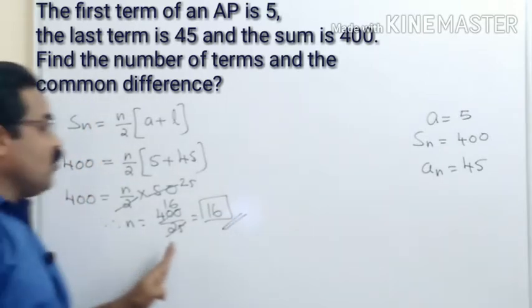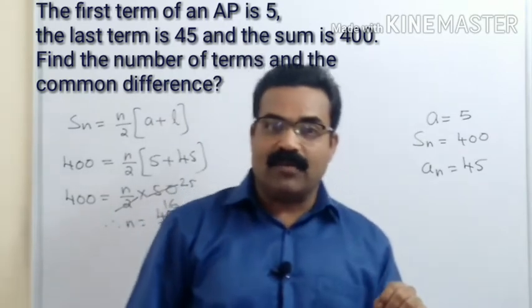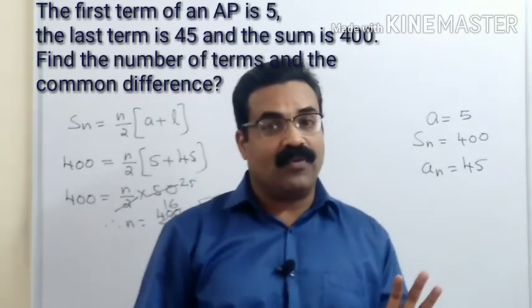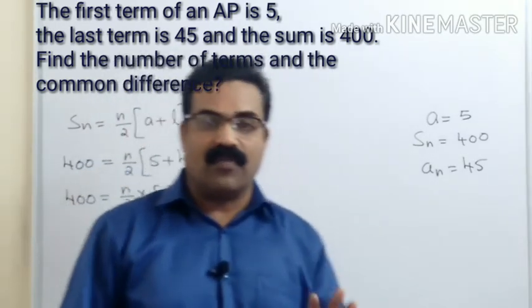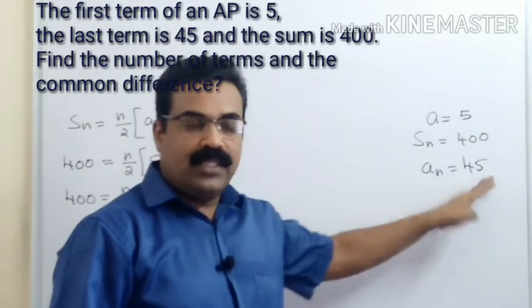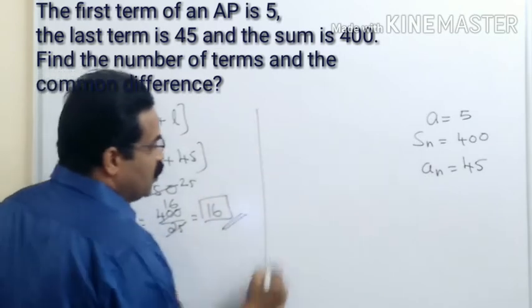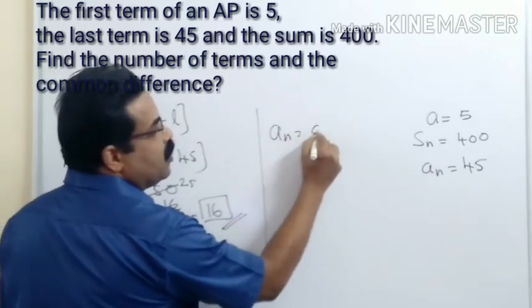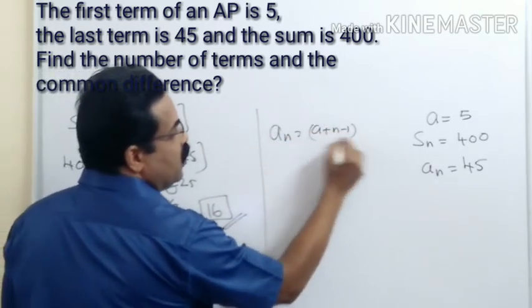So the number of terms is one thing we needed to find out, students. The number of terms we have already found, that is n, 16. But here an is 45. So using that, we know the formula for an. an is equal to a plus n minus 1 into d.